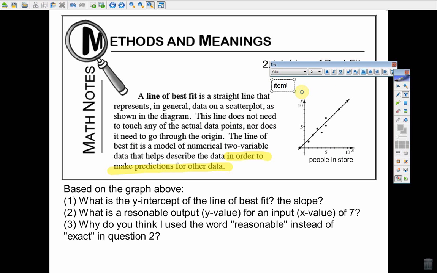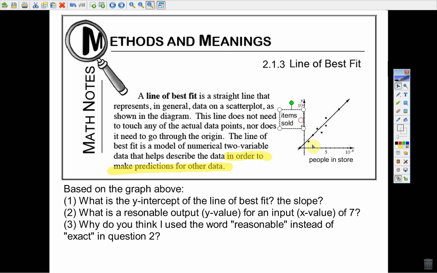So items sold. And let's say we just recorded these 1, 2, 3, 4, 5, 6, 7 points here. And we saw that when we had one person in the store, we sold 2 items. And when we had 2 people in the store, it looks like we sold 1, 2, 3 items. 3 people in the store, we're selling, you know, maybe 4 or 5 items there.